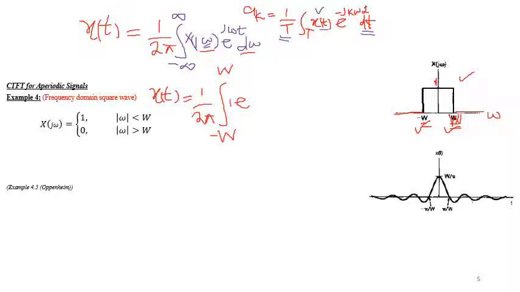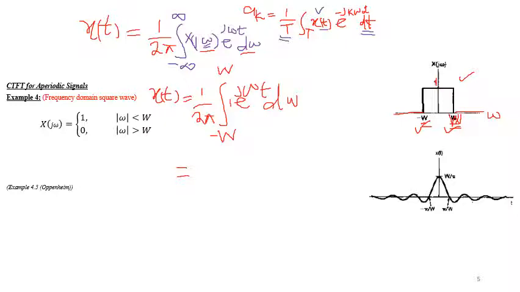Okay, so we have e power j omega t d omega, right? If I integrate it with respect to omega, it doesn't matter whether the exponential signal is integrated with respect to time, frequency, or any variable, you get the same.